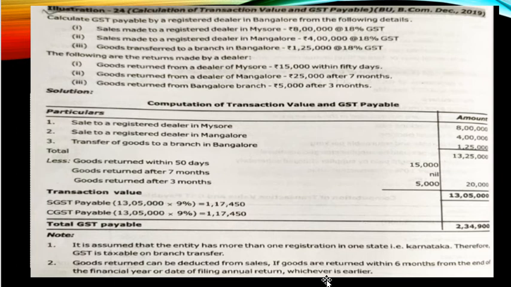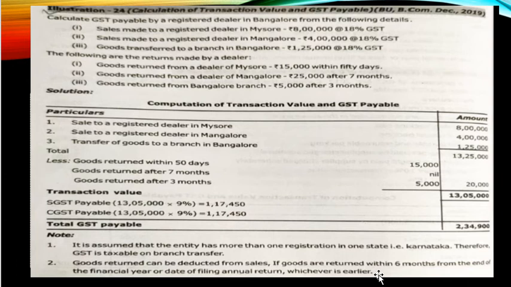If the question clearly states it should be within 6 months or the date of filing the annual return, whichever is earlier, that should be considered for the number of months for returning the goods. So it is not fixed that it is 6 months. We also should look into the date of filing.